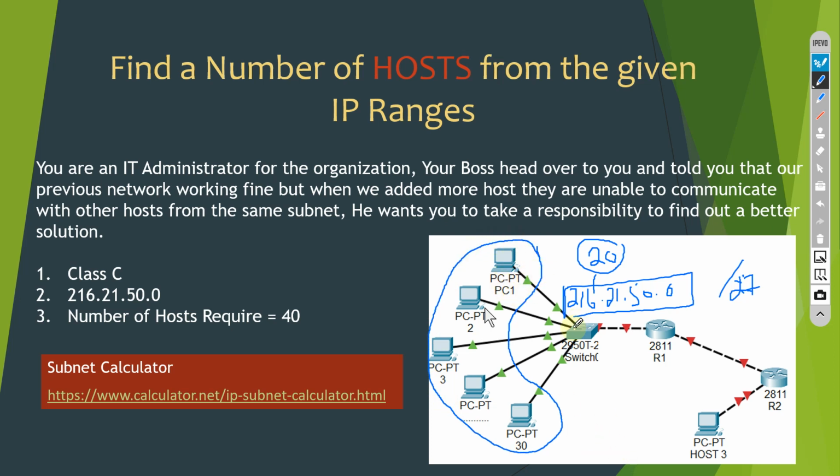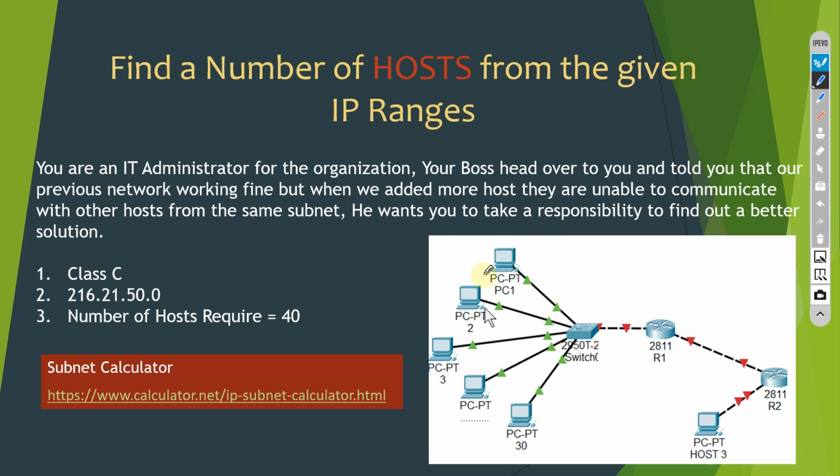But what if we are going to add another computer? Since we are restricted to 20 hosts, when we add the 21st host, it will not be able to communicate with either of the PCs, because it is now on a different network. So what is the solution?